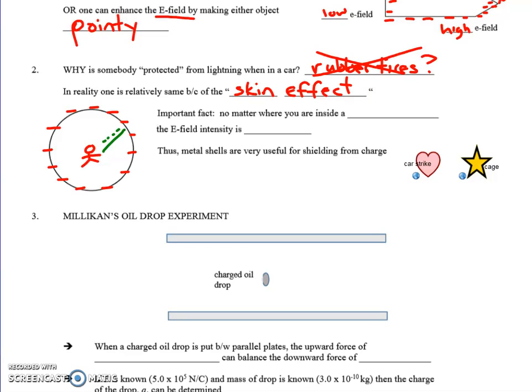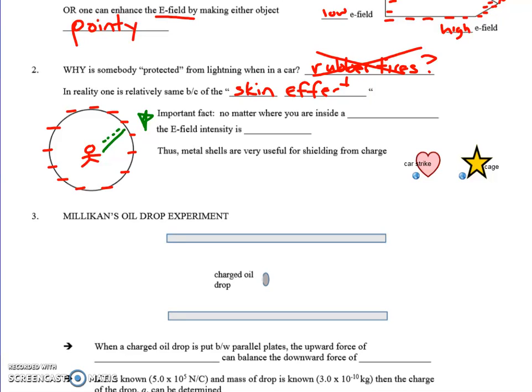And a way of quantifying that, and this is the most important takeaway, is no matter where you are inside a metal conductor, okay, take that back, sorry, a hollow conductor. Actually, I'll change my mind on that.